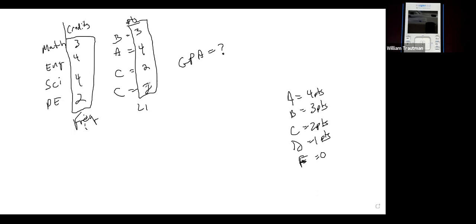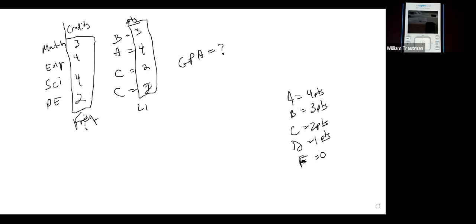If you get them backwards, I think we get it wrong. I think the credits are the frequency, and then the number of points for each grade is L1.